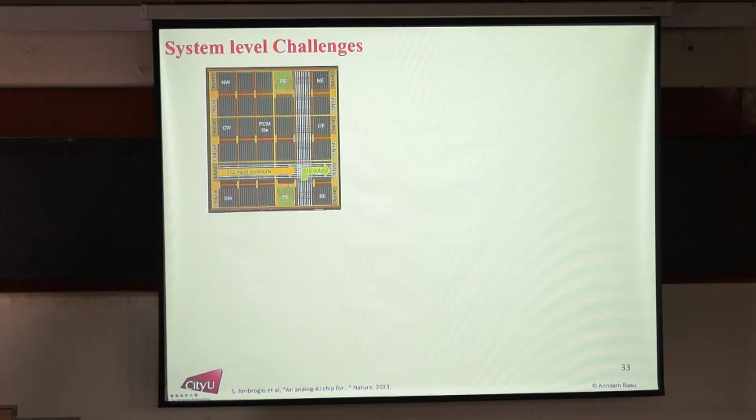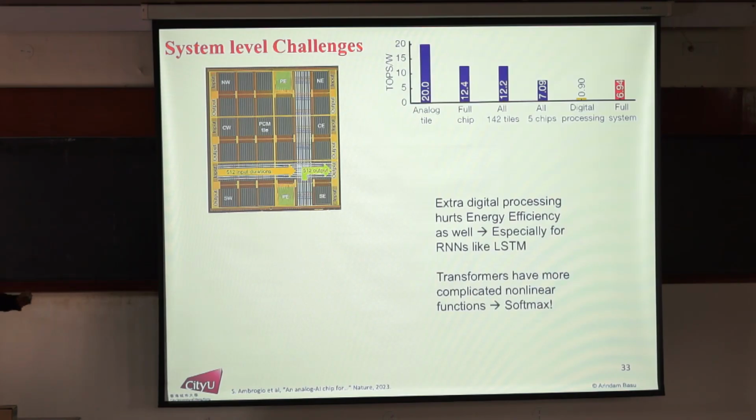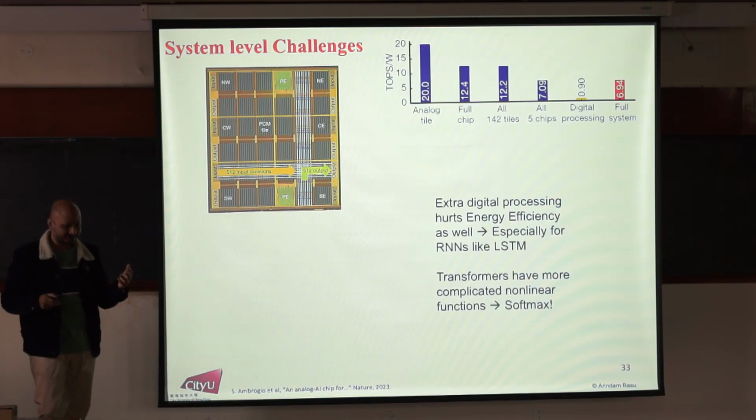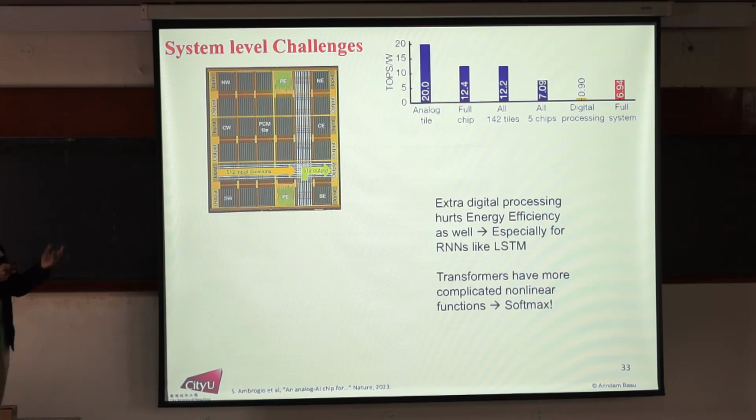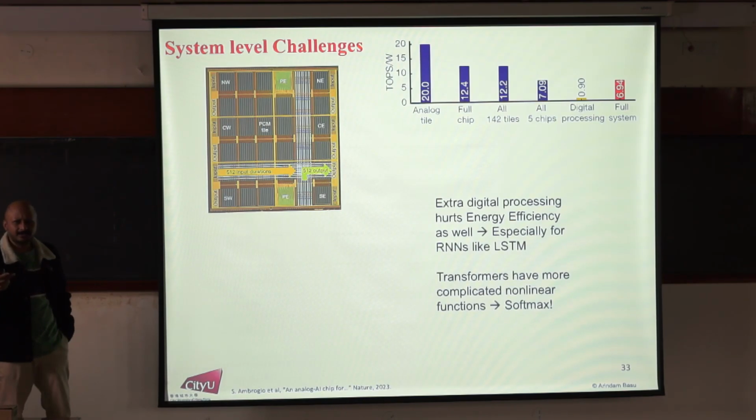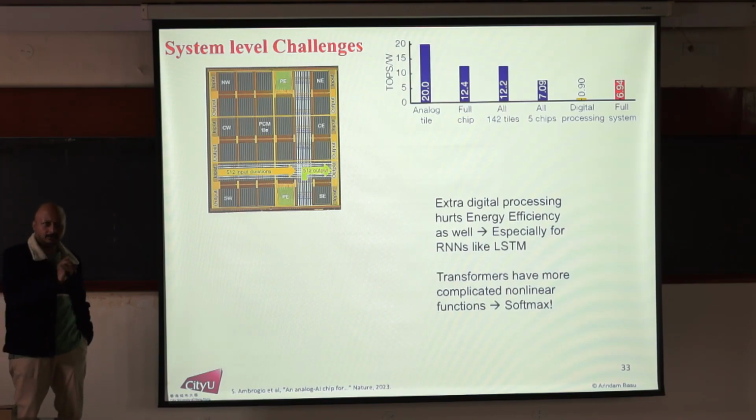Other challenges, system level challenges. This is another chip from IBM Almaden, also PCM devices, but a different group, Jeffrey Burr's group. And why I showed this, earlier in the workshop, Rajit was there, we were talking about Amdahl's law, something like that. So you see, this is TOPS per watt, energy efficiency of a single tile, one of these cores. That's what we normally report, right? That my core does very well.